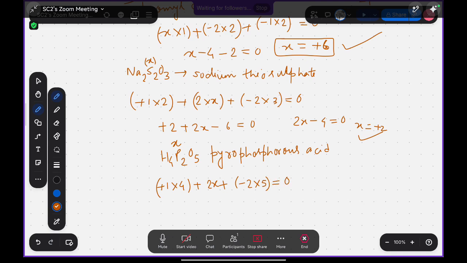Let's take -2 first; if it is not within the range, we will go for something else. Now +4 plus 2x minus 10 is equal to 0. That means 2x is equal to 6. So x comes to be +3, which is within the range.